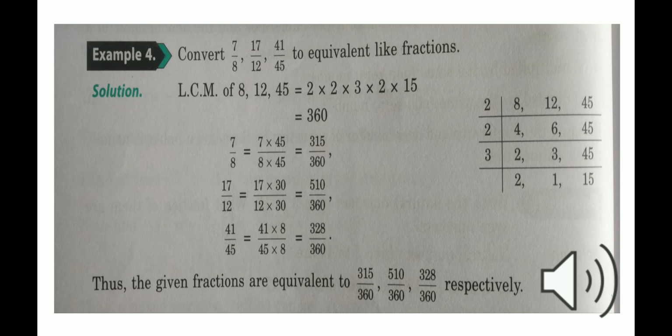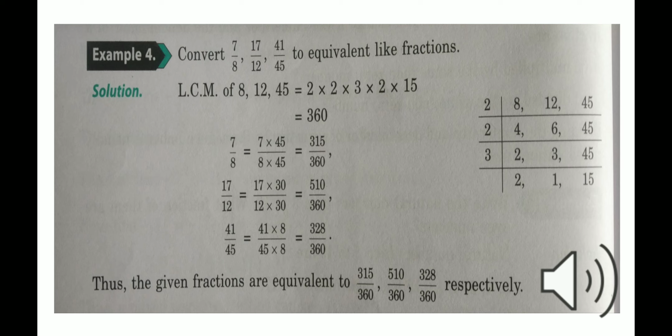Okay. Now take the other fraction. Divide 360 by the denominator of the second fraction, that comes to 30. So 17 into 30 upon 12 into 30 is the next equivalent fraction. And the same way, when 360 is divided by 45, we get 8. So 41 into 8 upon 45 into 8, and therefore we get the third equivalent fraction.